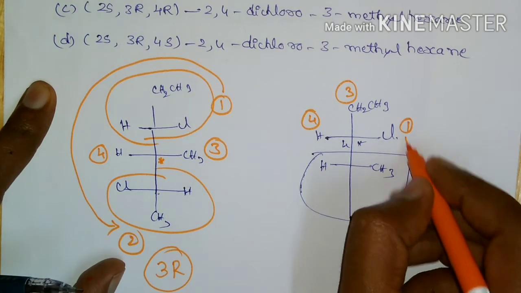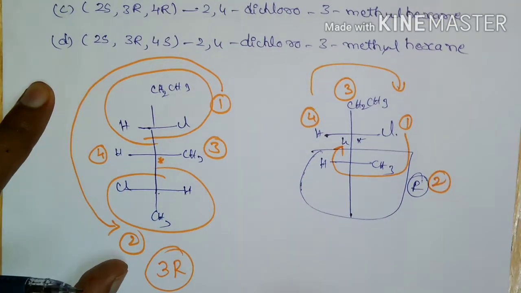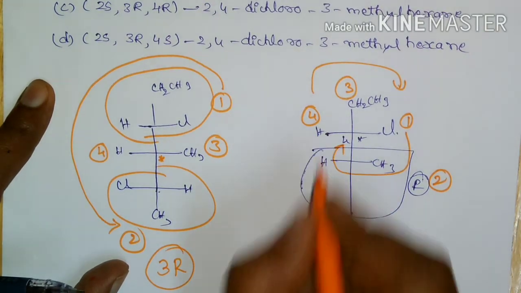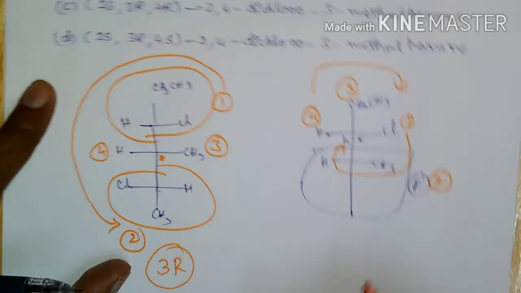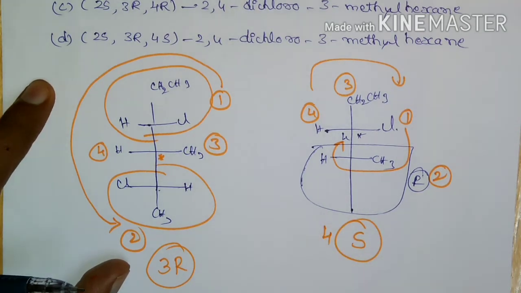So here also 1, 2, 3 means clockwise rotation, but the fourth group is present on the left side, so with clockwise rotation it is going to have S configuration.